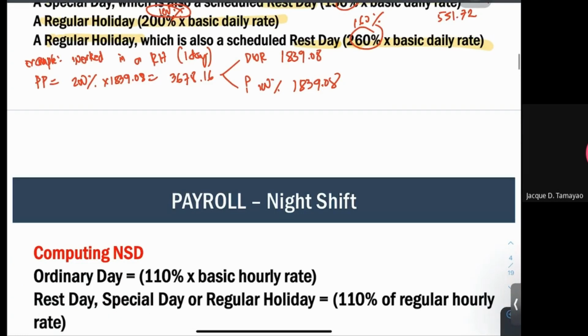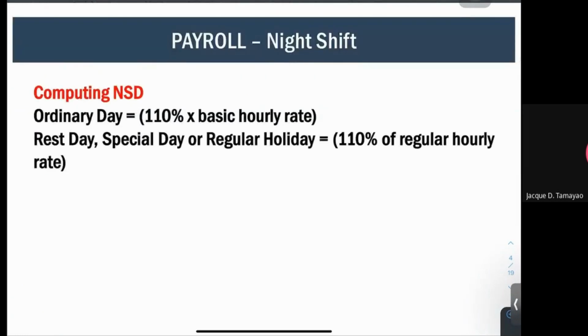How about if we work on a night shift? If we work on a night shift, that is equal to 10% of the night shift hours. Right? 10% additional on the night shift hours. Question, what is the night shift hours?